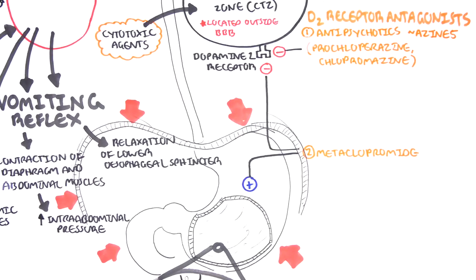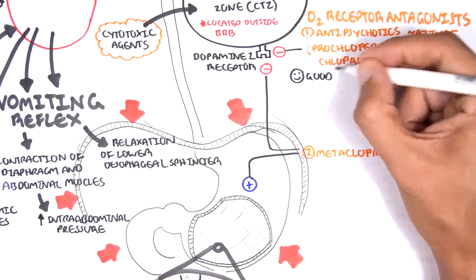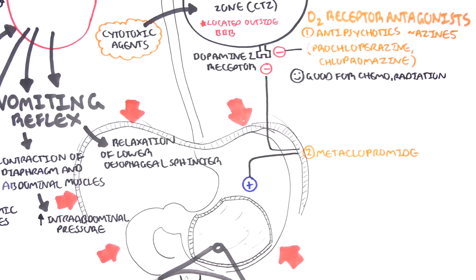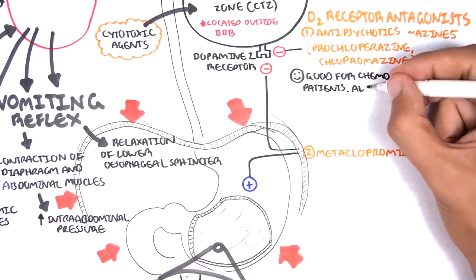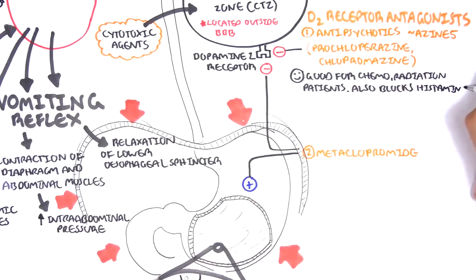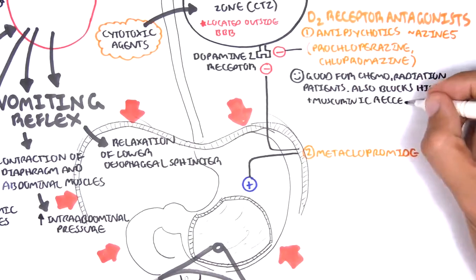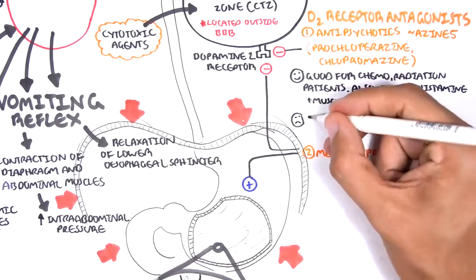The next class is your dopamine 2 receptor antagonists, which are your antipsychotics, essentially. The first group are your antipsychotics that end in azines, such as prochlorperazine and chlorpromazine, and they are good antiemetic drugs for chemotherapy and radiation patients. They also block histamine and muscarinic receptors, which may be useful in certain situations.